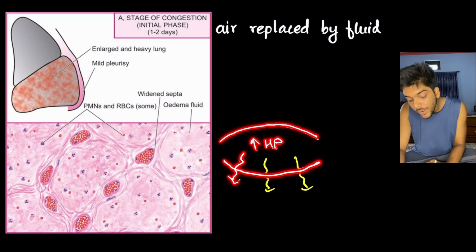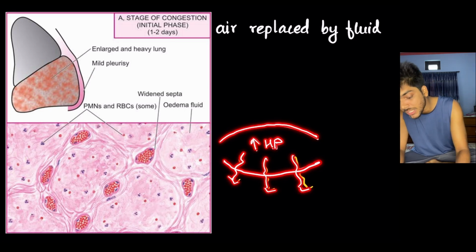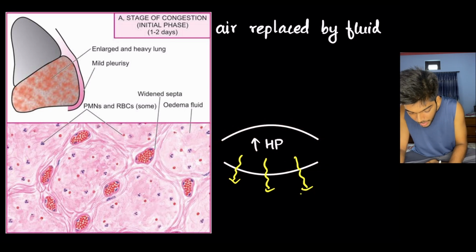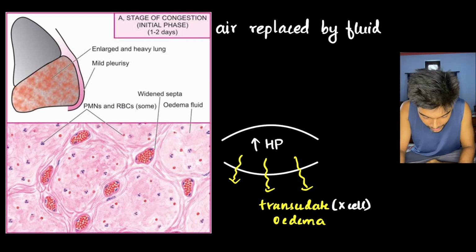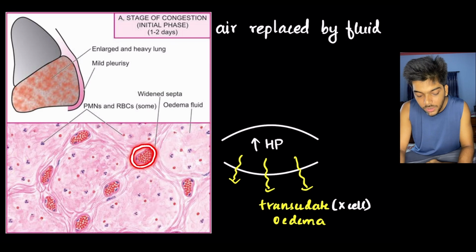As a result, the fluid from inside the blood vessel gets pushed out, and this fluid is nothing but transudate. Transudate contains little to no cells, and the edema due to transudate is transudate edema. See here also, here is the blood vessel. There is engorgement or dilatation of the blood vessel, due to which there is increase in hydrostatic pressure.